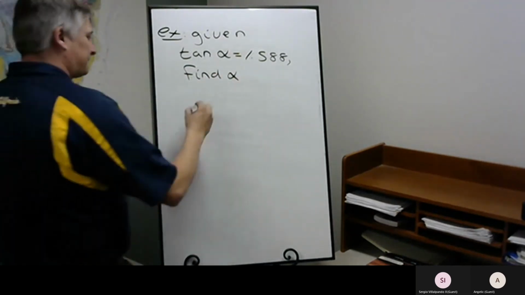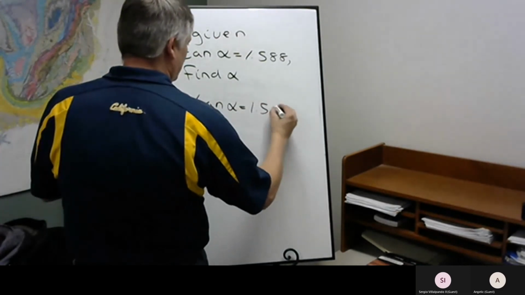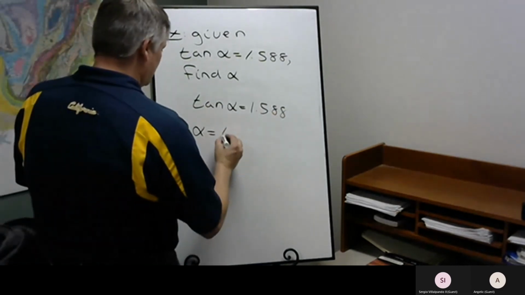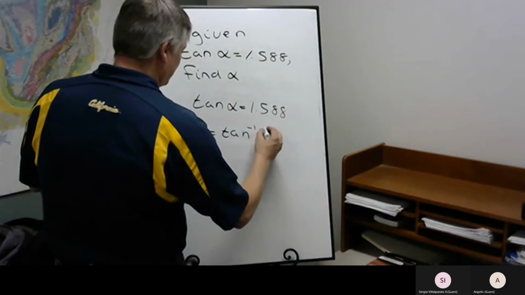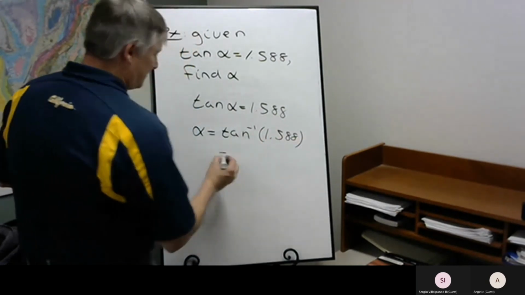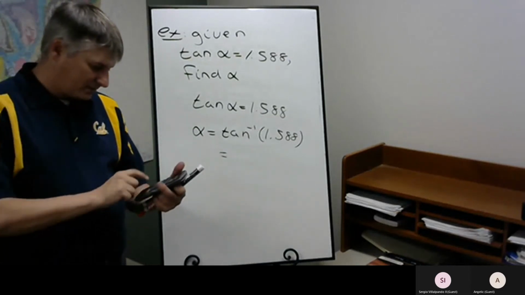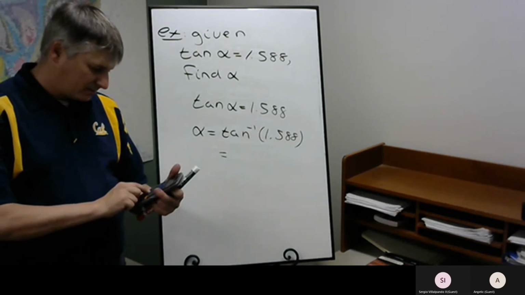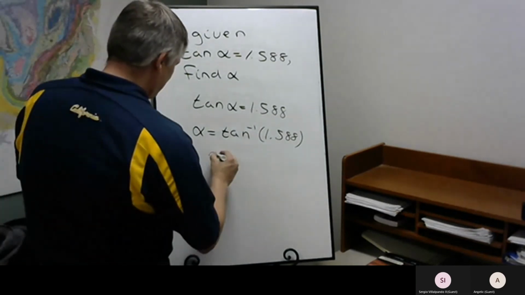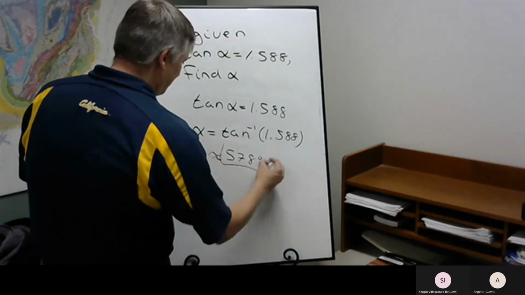Same procedure. Tangent of alpha equals 1.588. This means that alpha equals the tangent inverse of 1.588. And that's going to be about 57.8 degrees.